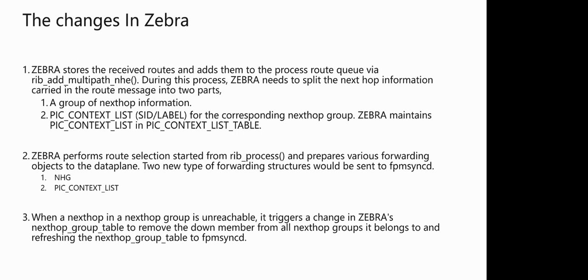Oh, okay. So the next hop group information and the PIC context list are not one for one. It's not one for one, yes. That's why, like I say, they're all sharing the same next hop group, but the VPN context really depends on the prefix, your allocation model, how you allocate the labels. Okay, got it.